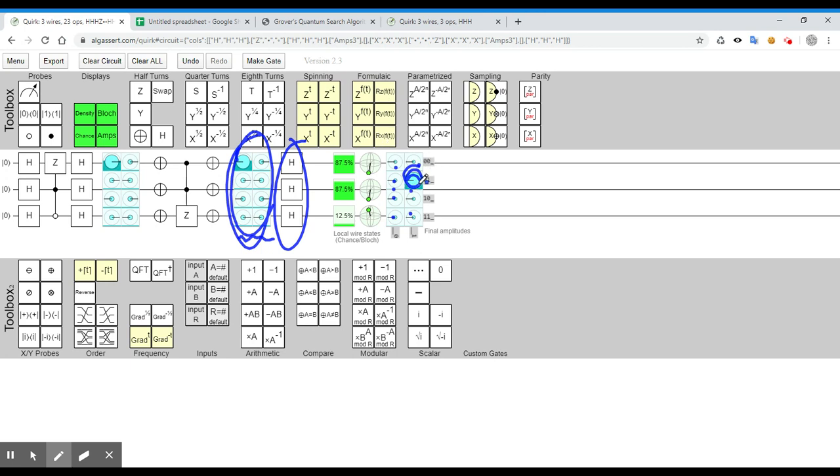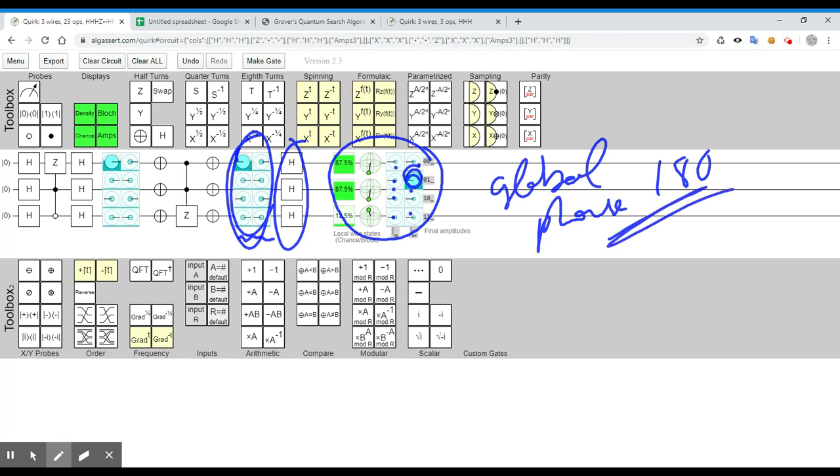But the phase has all been, look at these, there's a global phase of 180 degrees. And this is something you could read out with the QPE, with the quantum phase estimation.